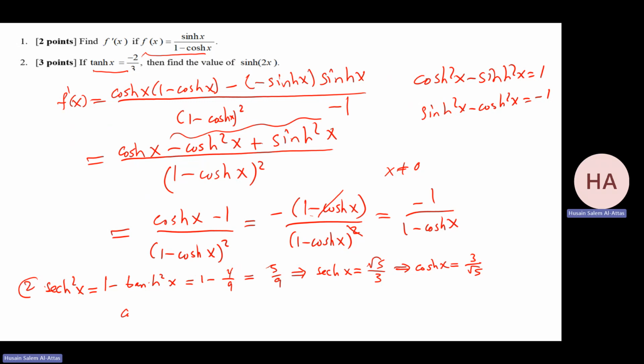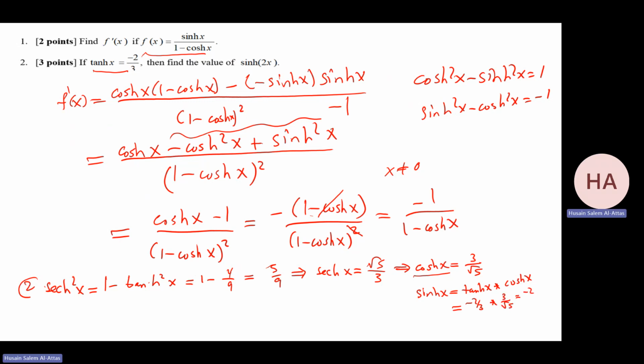So sine hyperbolic, I need the sine now. I know cosine. Sine hyperbolic will be tan times cosine hyperbolic. Tan is minus 2 over 3 times 3 over square root of 5.